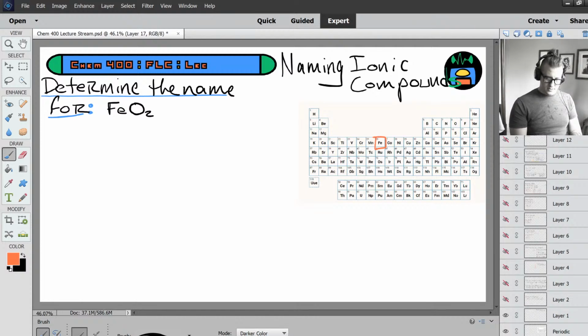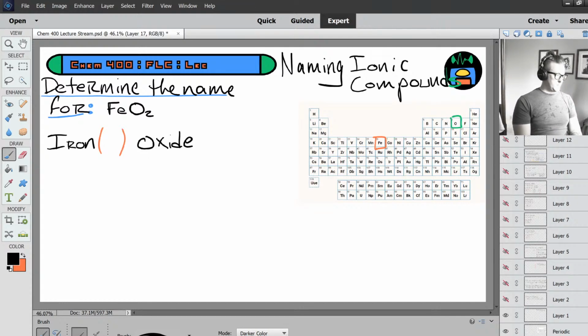It's a transition metal. Oxygen is up here. So I know that this name is going to be iron, blank, I don't know what the charge is, but iron something oxide. All right, let's now determine what that charge is.